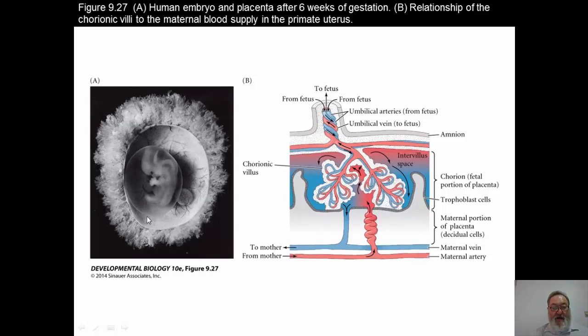Here you can see the amnion. Here's the chorionic cavity here. This happens to be the yolk sac right here behind the developing human embryo in this case. I should mention that beyond actually providing nutrients and oxygen, there's also an immunological aspect to the placenta.